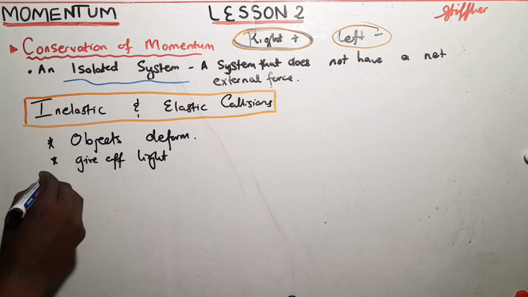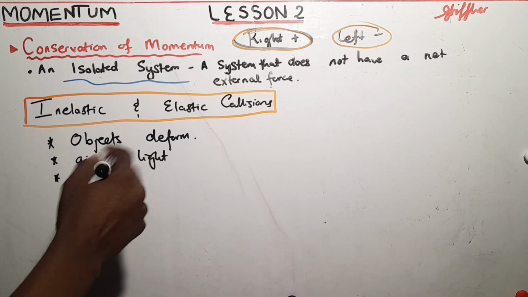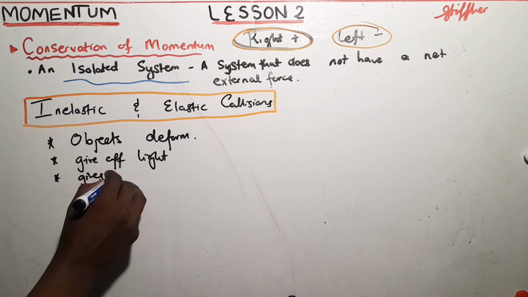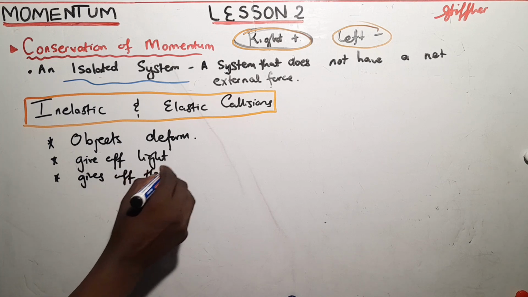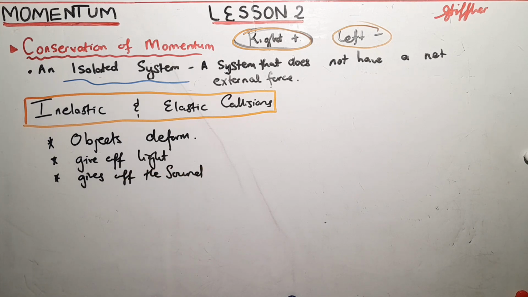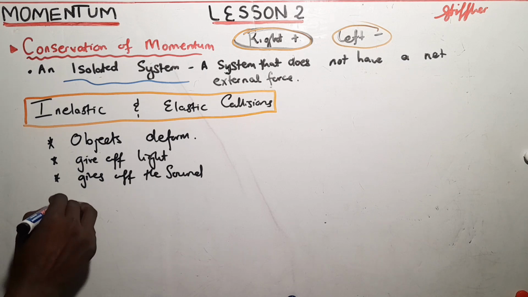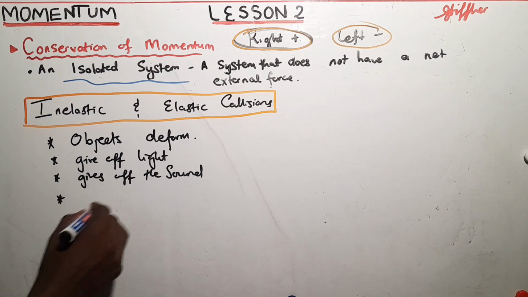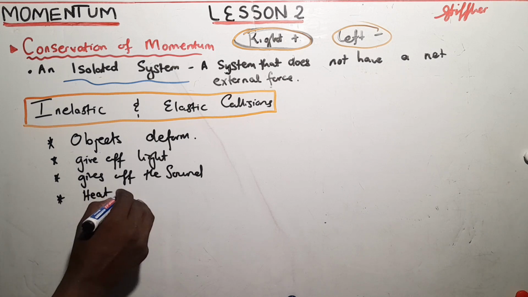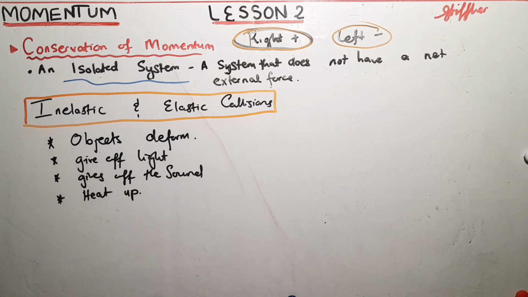I'm sure you have noticed a situation where a collision gives off light or gives off sound. They can also give off sound. And at the same time, the system where the collision happened can heat up.